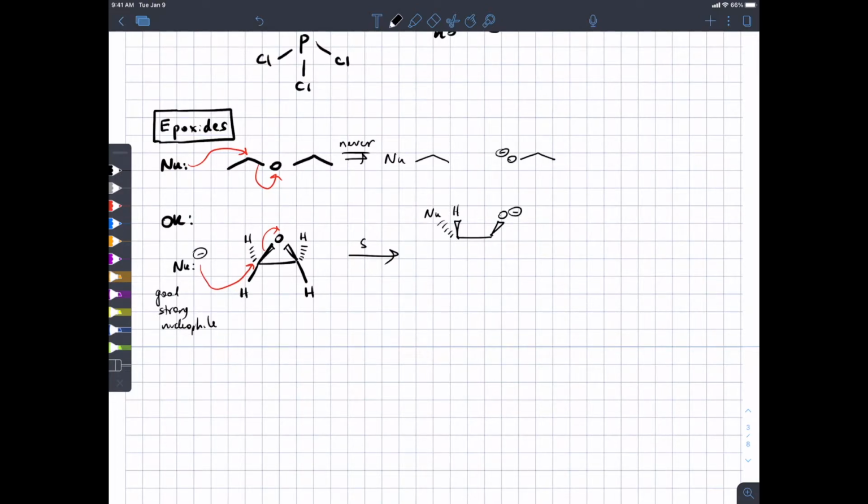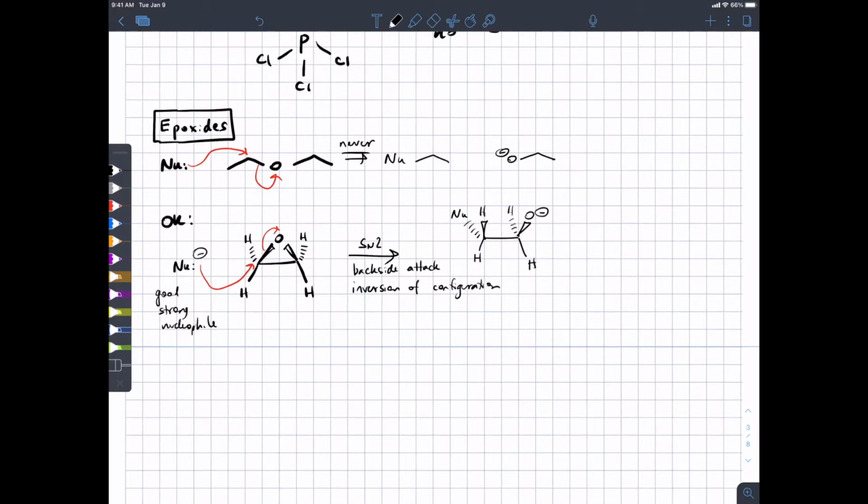As with any SN2 reaction, it happens via backside attack on the corresponding sigma star antibonding orbital. And you get inversion of configuration if you're attacking at a stereocenter. I've tried to represent that here, though the carbon this nucleophile attacks is not a stereocenter.